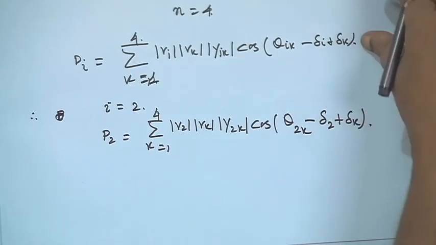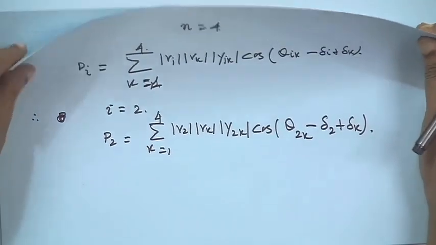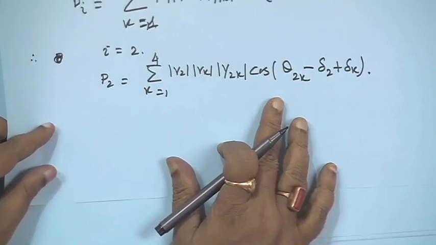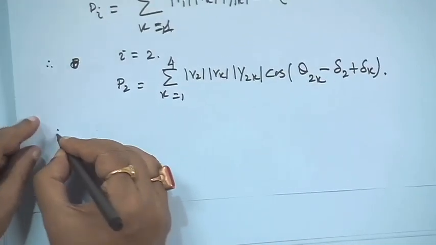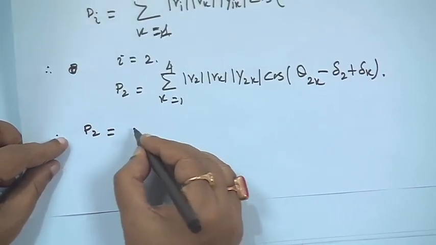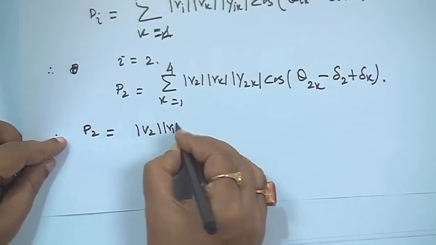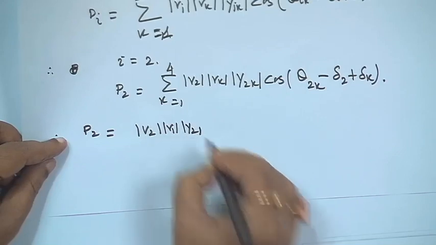Now you expand this, I will show one, then you will know. If you expand this, then P2 will become V2 and then V1, then Y21, right.